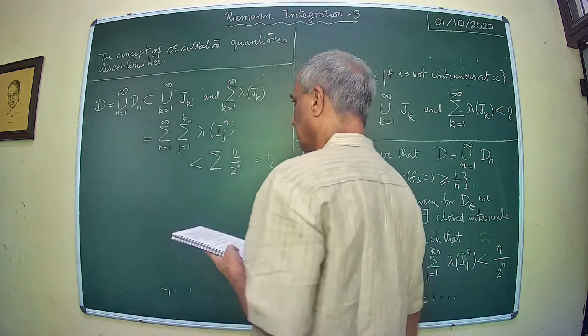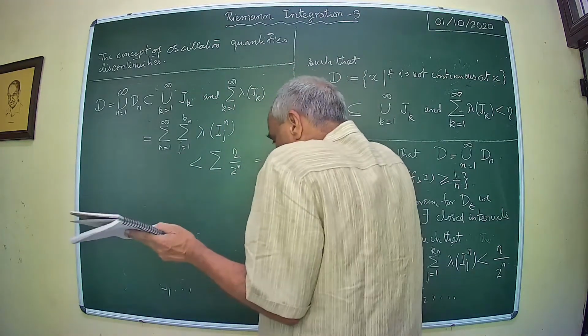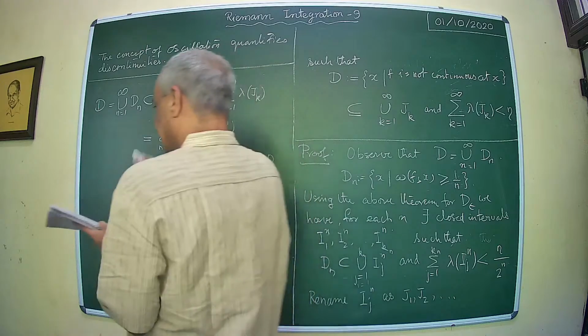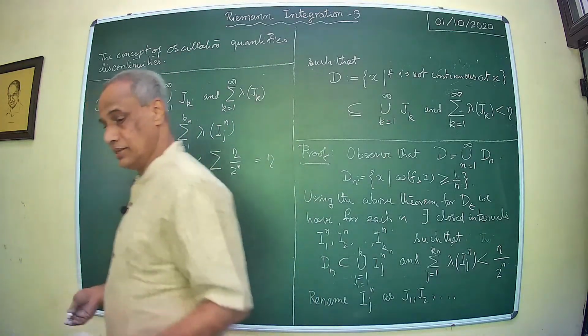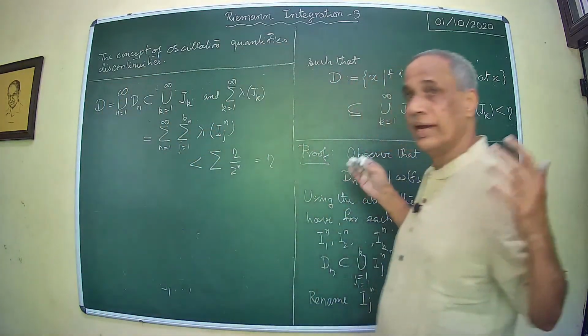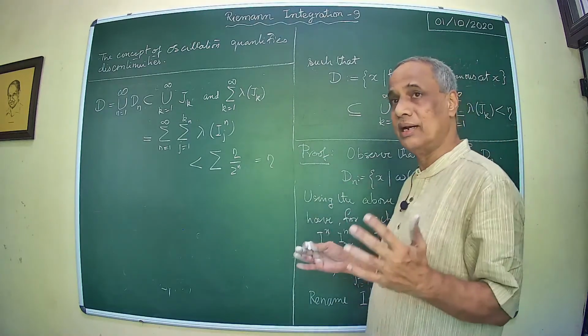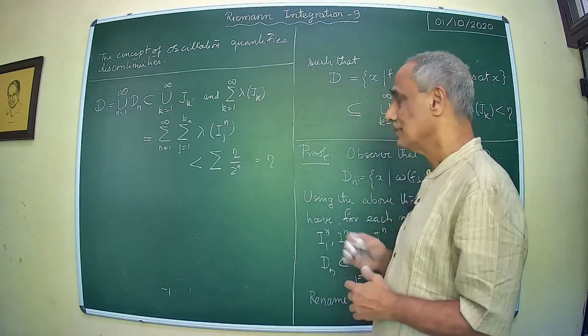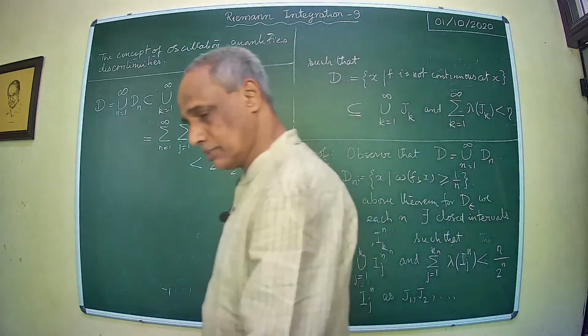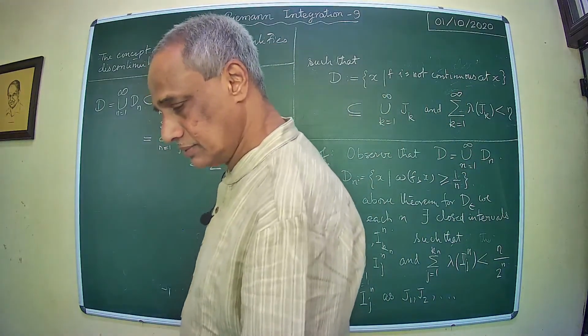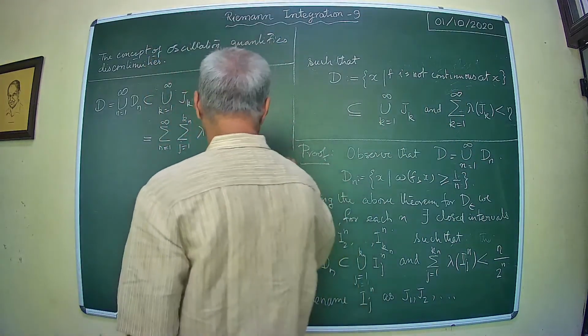That's the result that we get. So the set of discontinuities can be packed into a countable collection of intervals whose total length is less than beta, for a Riemann integrable function.